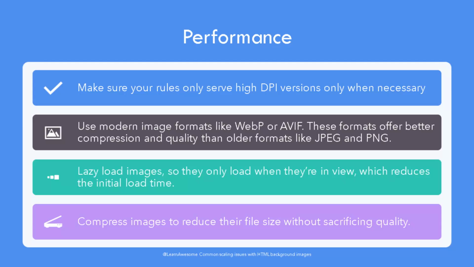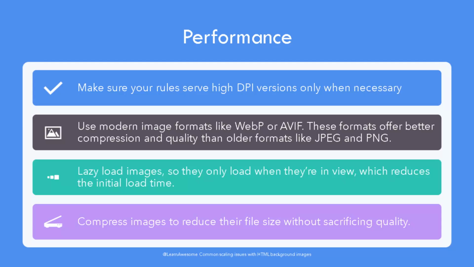So, here are a few performance tips. First being, make sure your rules serve high DPI versions only when necessary. Secondly, use modern image formats like WebP or AVIF. These formats offer better compression and quality than older formats like JPEG and PNG, and that is applicable across the board. So also applicable for 1x images.